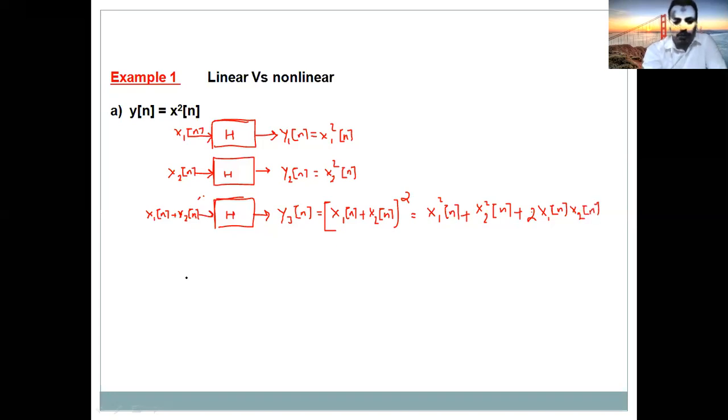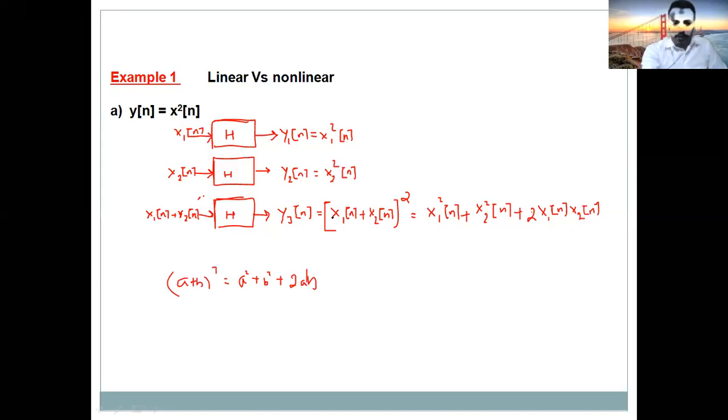Which means if you have two numbers, a plus b, the whole square is a square plus b square plus 2ab. You know this, right? So that's why the square of this is x1 square plus x2 square plus 2 times the multiplication of the two.